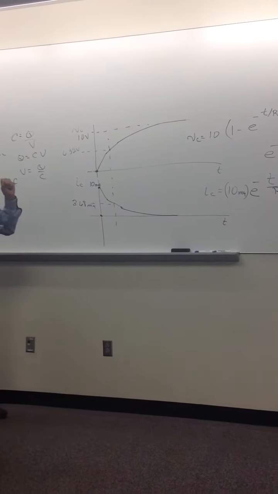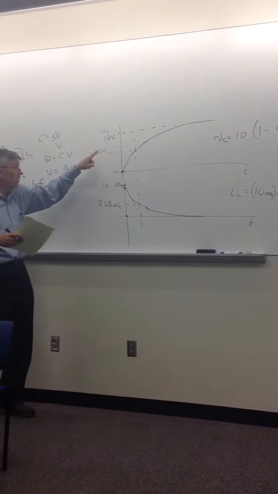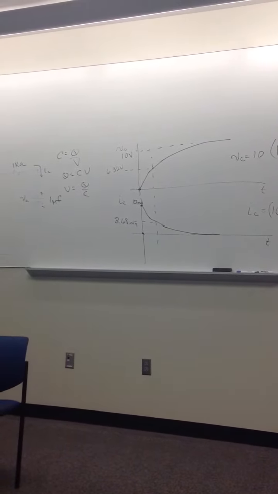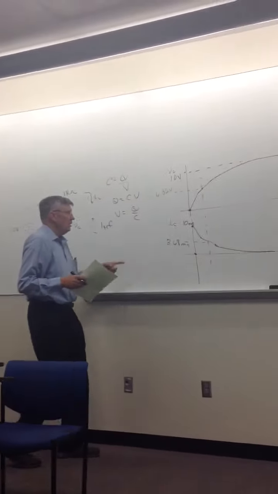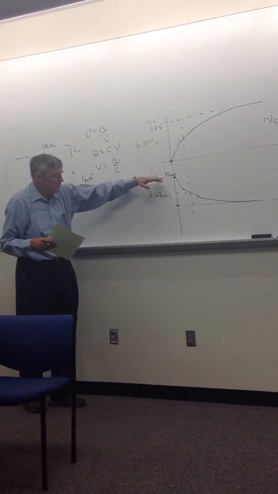So after 1 time constant, I'm at 6.32 volts, the final is going to be 10, so I'm 63% of the way to the final value. And the current decreased to 36.8% of the original value.